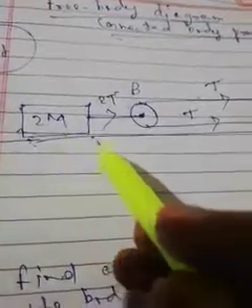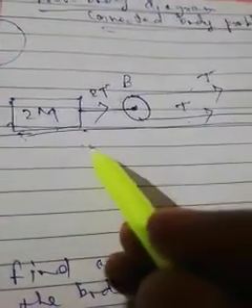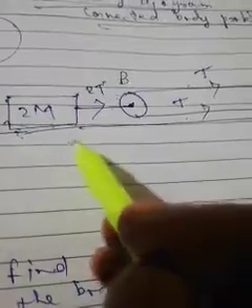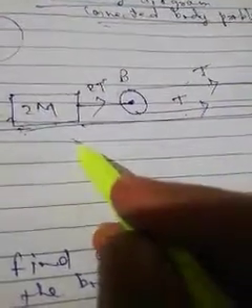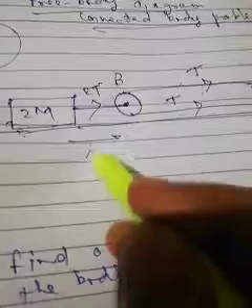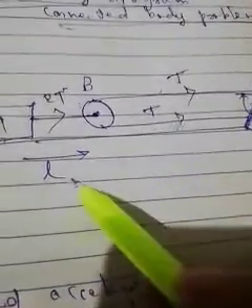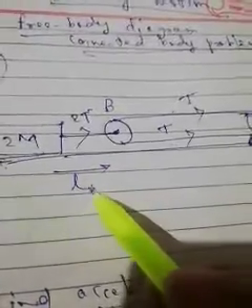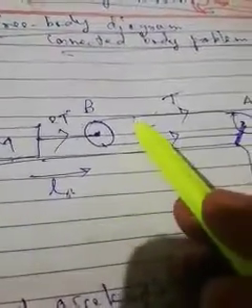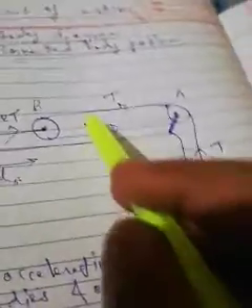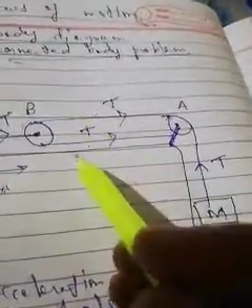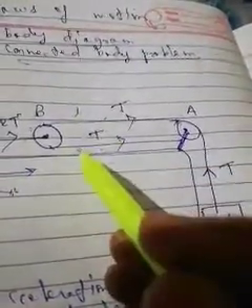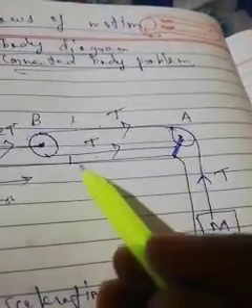Now what happens if this body is pulled towards the right through a length L? If this is pulled towards the right by a length L, then these two strings will also slacken by L and L length.